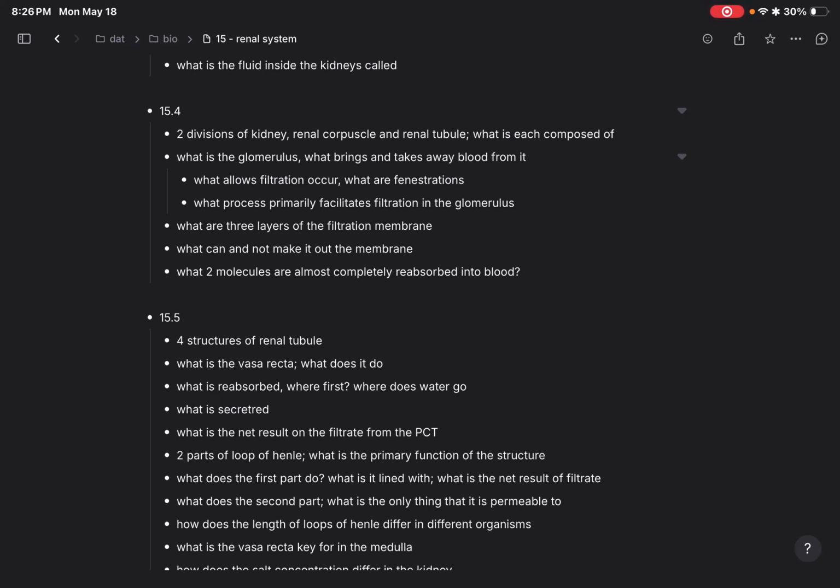Okay, wait. Nephrons, functional units, working in tandem. Absorption, excretion. Pretty boring stuff. Two divisions: renal corpuscle and renal tubule.